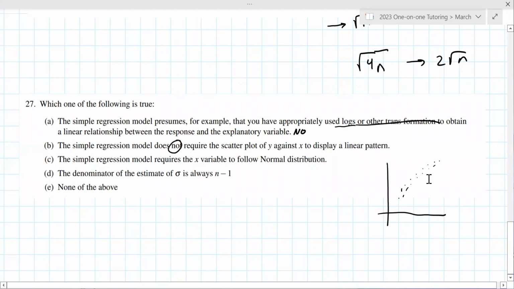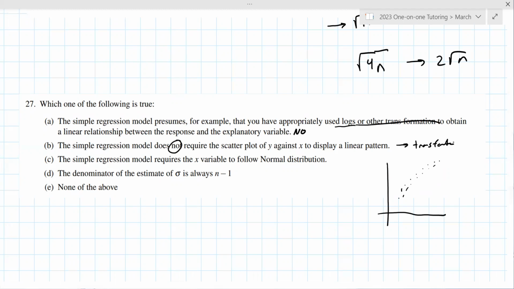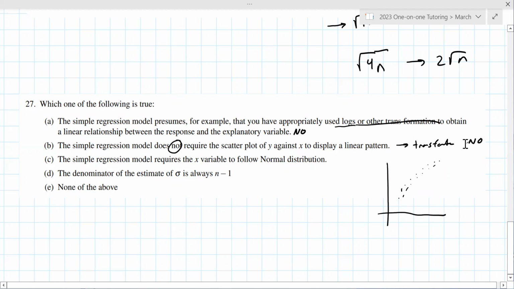So the answer is you're supposed to do some sort of transformation before you do that. In real life, the first thing you do is plot the data, whatever assignment you're given. You just plot it and see what it looks like, and then maybe you do it. So that's why it would be a no, because there is a reasonableness of there being a linear pattern.